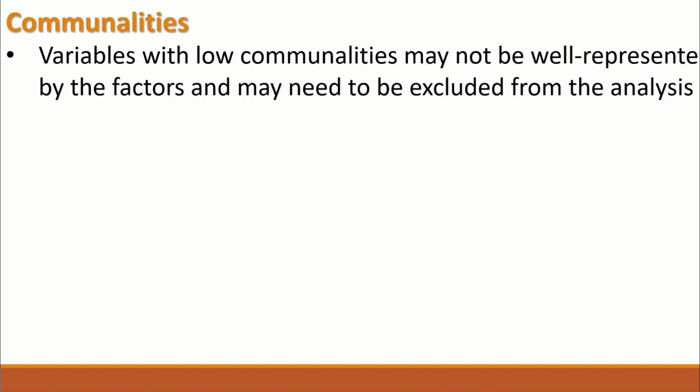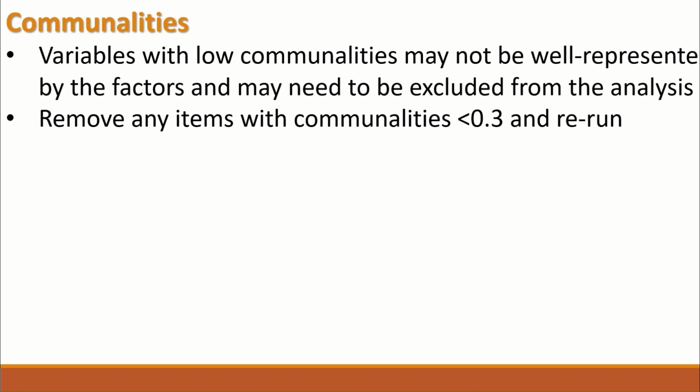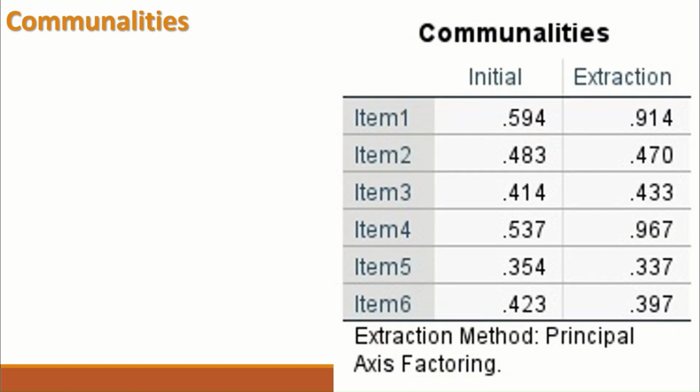So variables with low communality may not be well represented by the factors and may need to be excluded from the analysis. When there is a communality value of less than 0.3, then omit the item and perform the analysis again. Here, as shown, is an extract from the EFA output analysis.